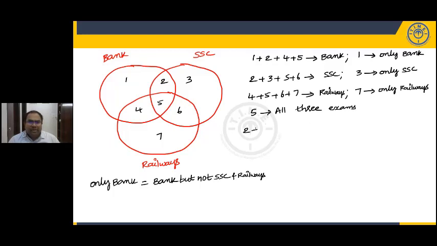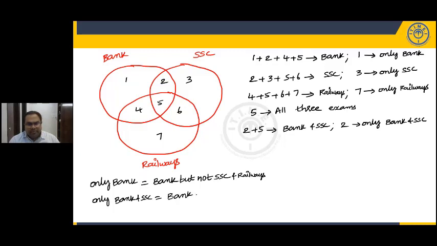Right. What is 2 plus 5? Bank and SSC. What is 2? Only bank and SSC. I can also say bank and SSC but not railways.